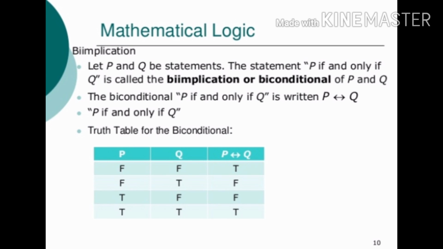But if P is T and Q is F, then P double implication Q equals F. It means if P and Q are the same, then P double implication Q becomes true, and if P and Q are different, then P double implication Q becomes false.